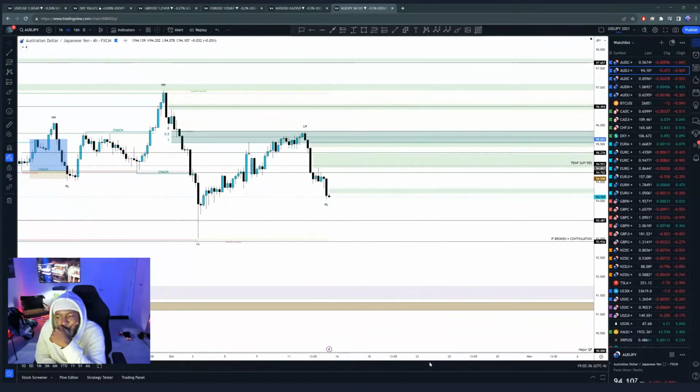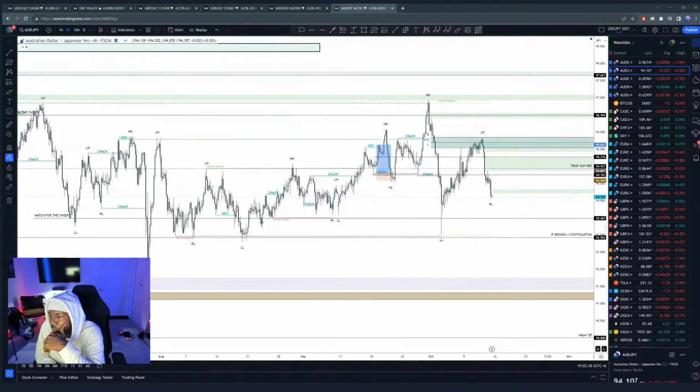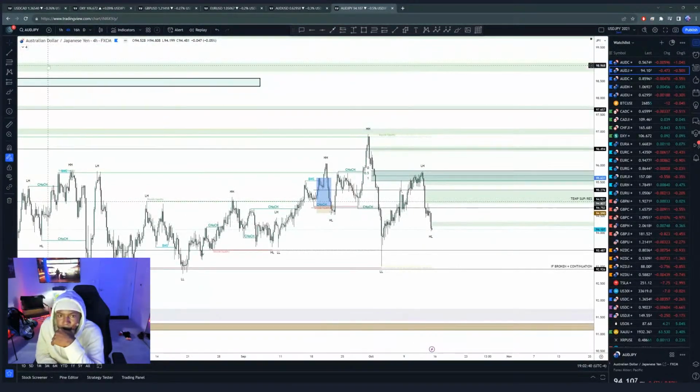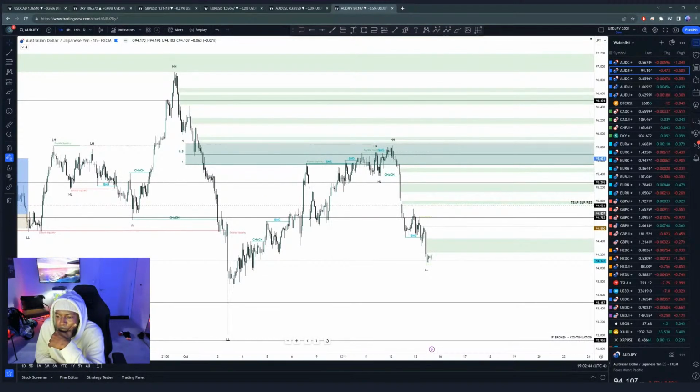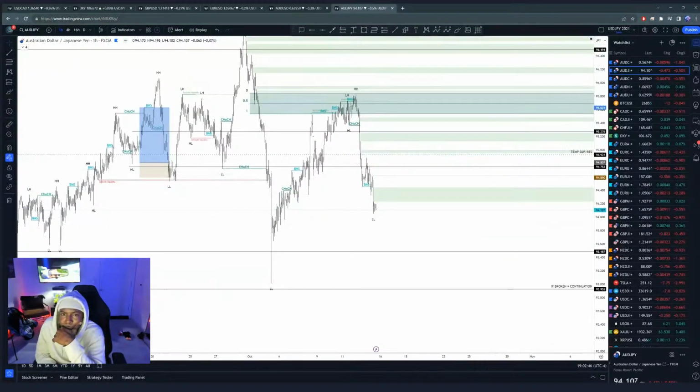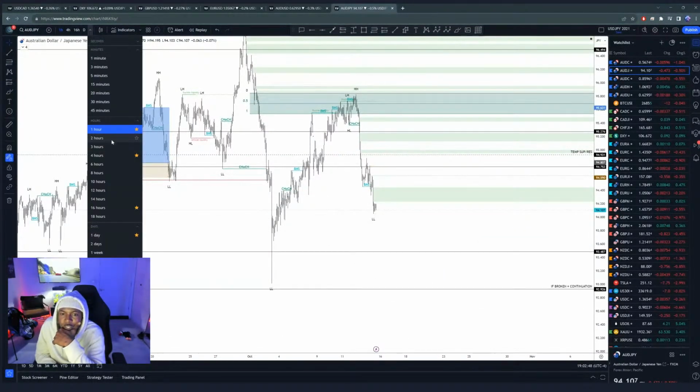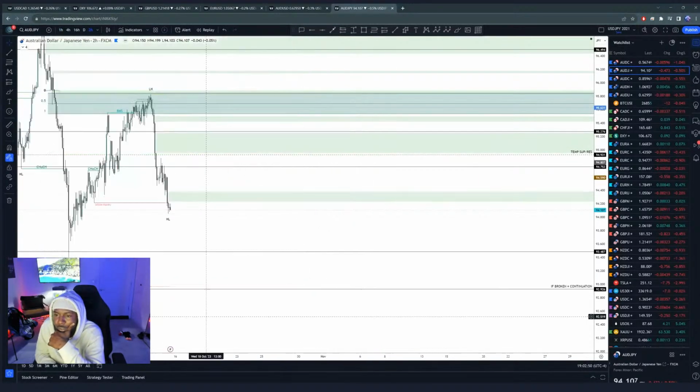Okay, so let's look for the correction and then the continuation down. Let's see if we can get a structure here.